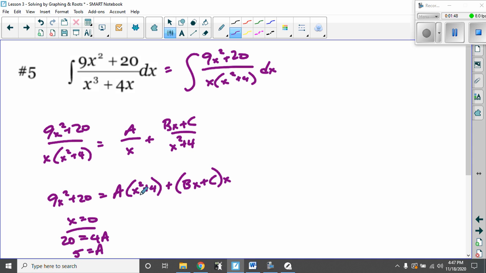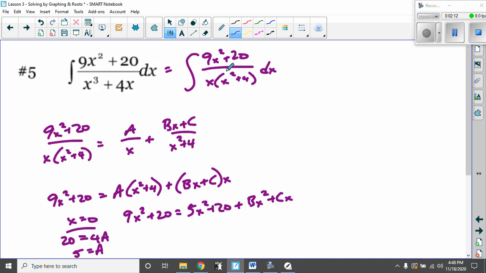There's no value I can plug in for x that's going to cancel out this term. So this is when we distribute. I'm distributing my A, which is 5, and distributing x. I don't know B or C, so we're going to leave it as Bx squared plus Cx.